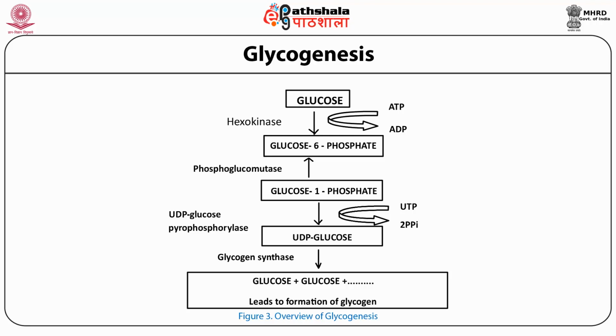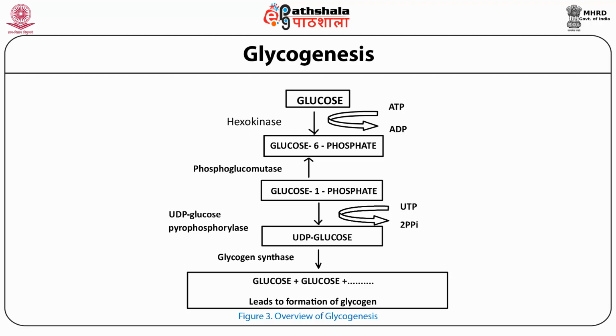A new glucose residue is attached to the primer by glycogen synthase. Glycogen synthase catalyzes the transfer of glucose from UDP glucose. The new glucose molecule is transferred to the C4 hydroxyl group at the non-reducing end of the growing glycogen molecule.